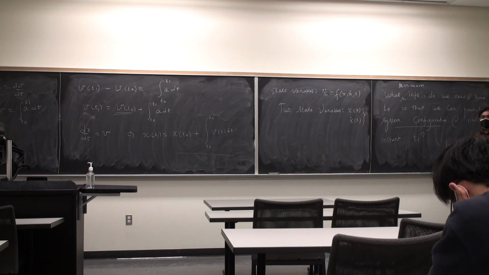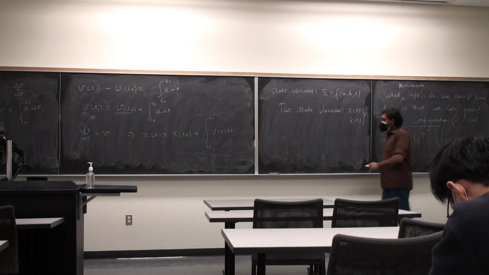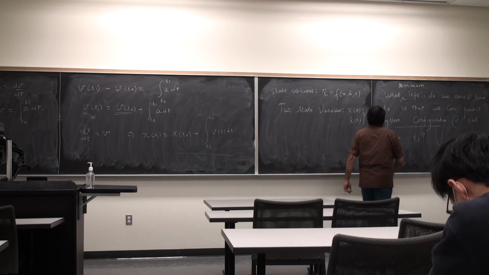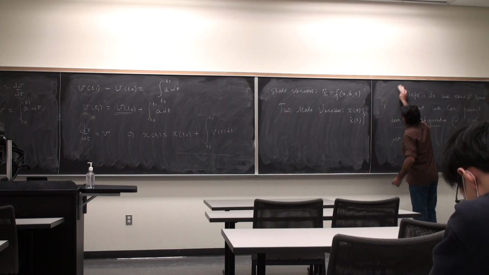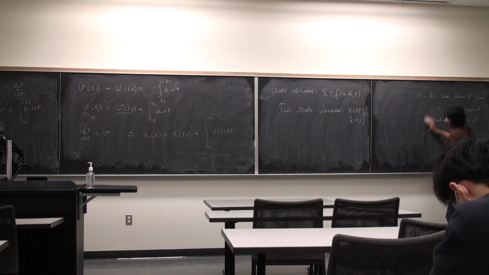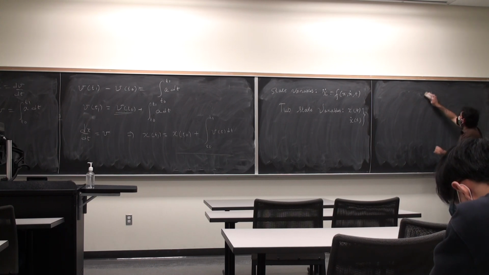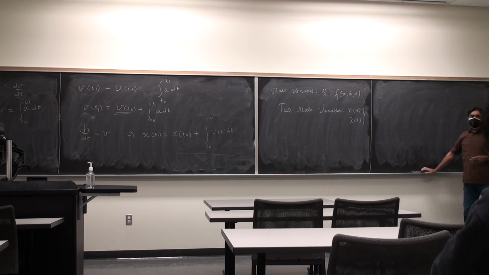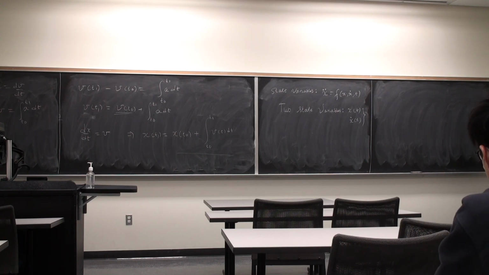So for one second order ODE, I have 2 state variables. If I have 2 ODEs, I'm going to have 4 state variables, and so on and so forth. And what's the utility? The utility is that we can make use of this in a state space representation of dynamical systems, which will be a very compact way of presenting the equations.